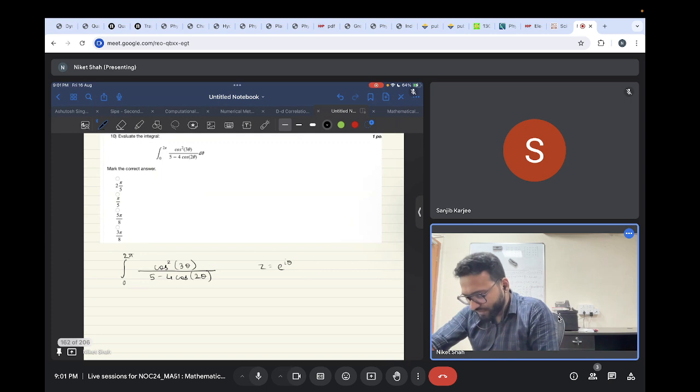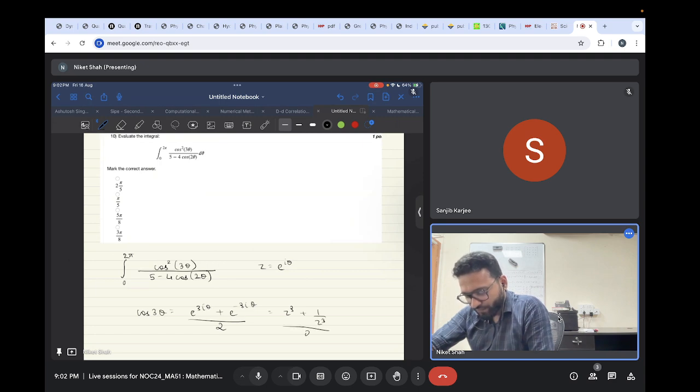So in that case, what does cos square 3 theta become? Let's write what is cos of 3 theta first. Cos of 3 theta is (e power 3i theta plus e power minus 3i theta) divided by 2, which is equal to (z cube plus 1 by z cube) by 2.